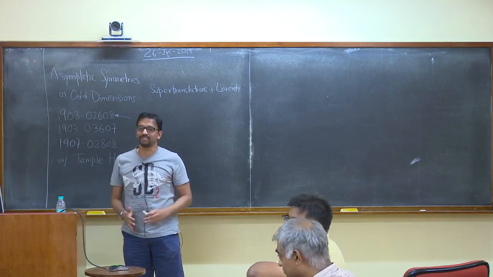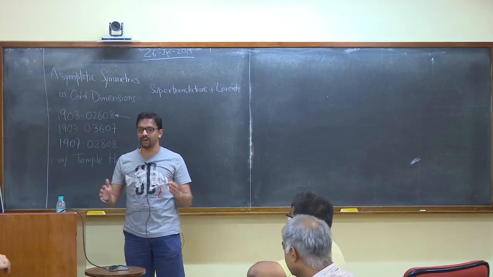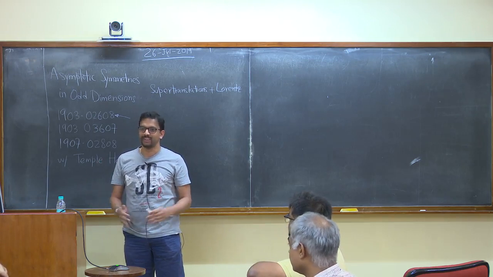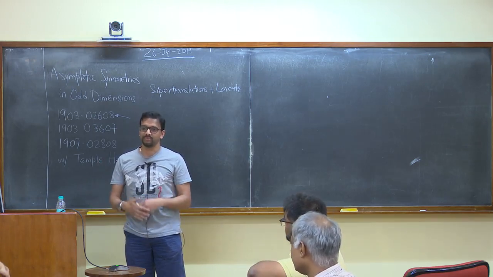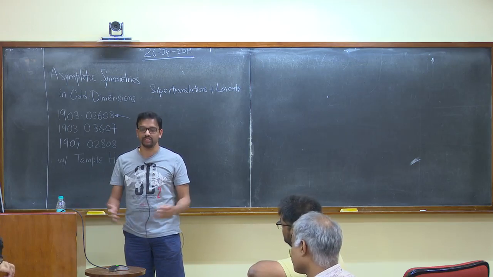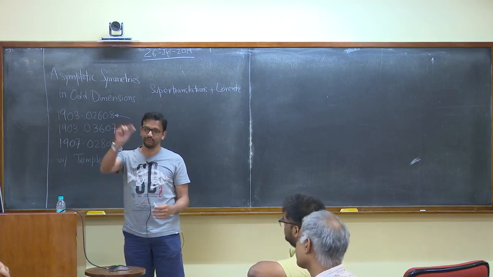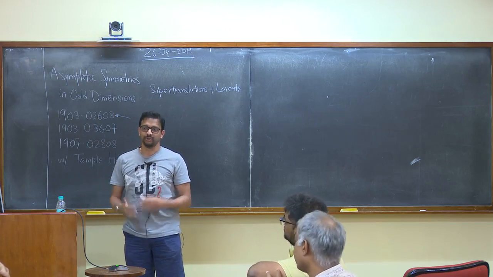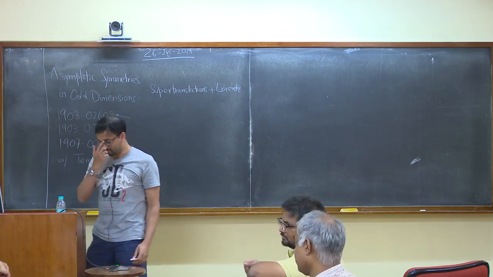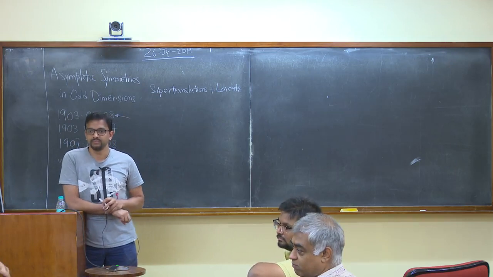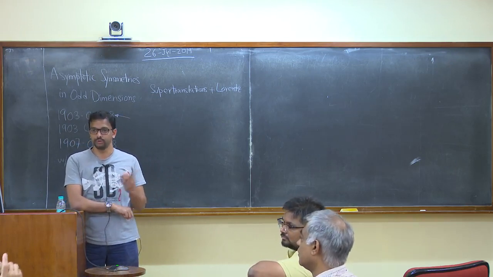So one definition is allowed diffeomorphisms divided by trivial diffeomorphisms. Allowed means everything that preserves the boundary and preserves the fall-offs, and trivial means everything that preserves the fall-offs and also preserves the coefficients of those fall-offs. So it's allowed diffeomorphisms modded out by things that go to identity. Those are pure gauge.